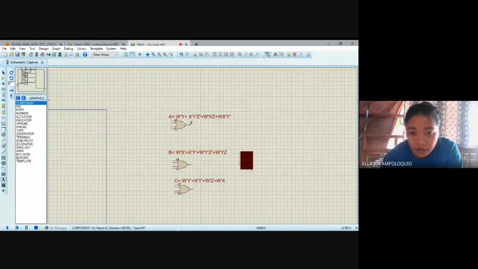Then I will connect it here so that it's easy for me later to check the functionality.